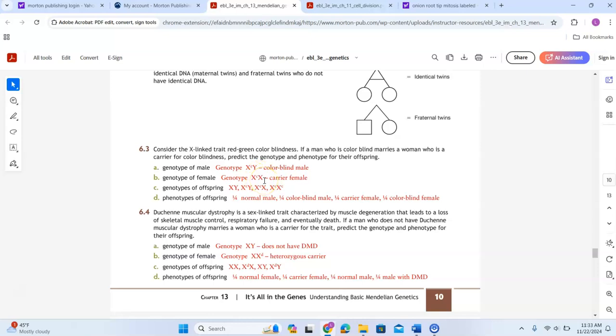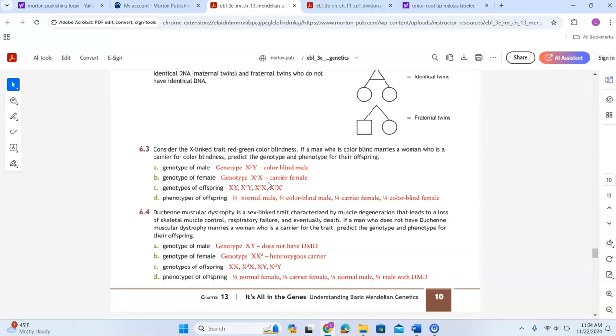In class we did X^C, X^c, but this X with nothing is what we used for X^C. So the X^c is her chromosome that carries the colorblind trait, and the X with no notation there means normal vision.